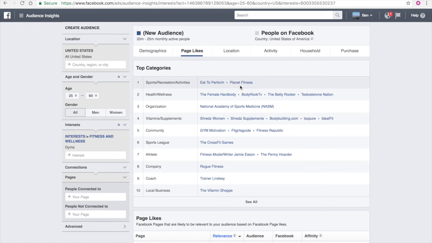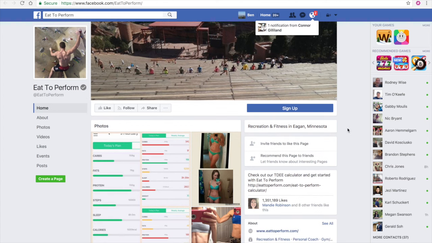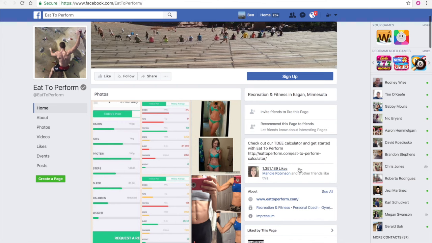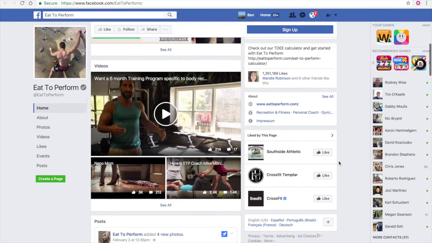So what we're going to do is dive into these pages, okay? So let's first start with Eat to Perform. And what we're looking for on this page is a few different things. One, we're looking for number of page likes. Okay, so this page has a good bit of likes. And what we're looking for second is engagement.